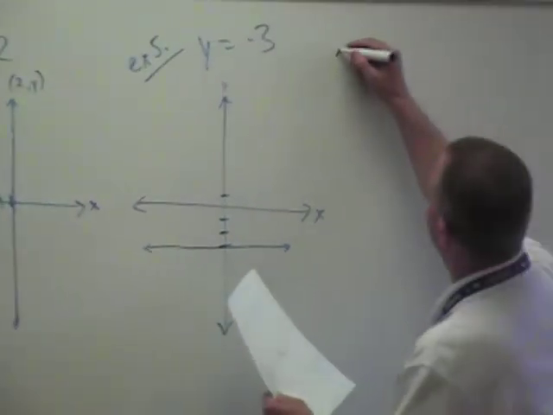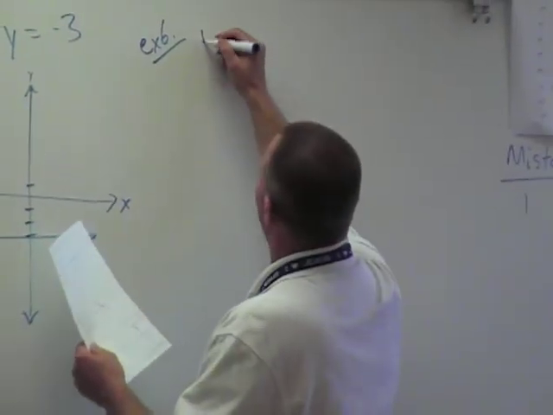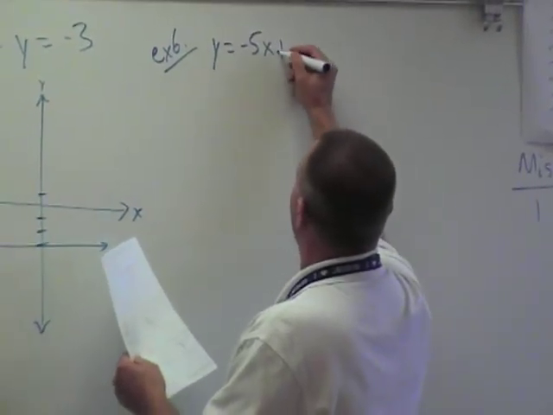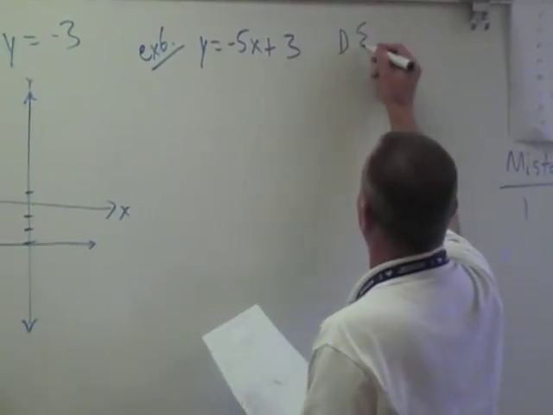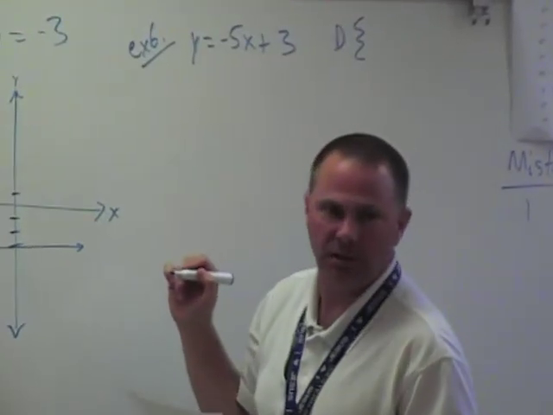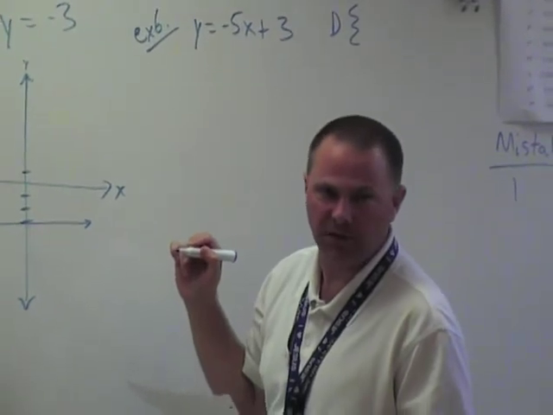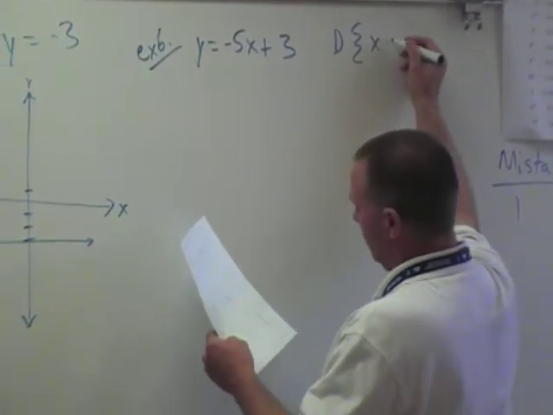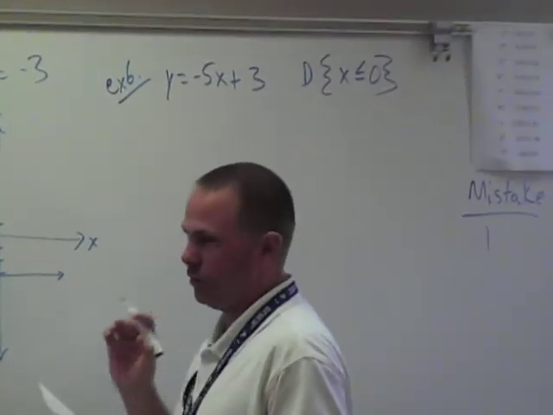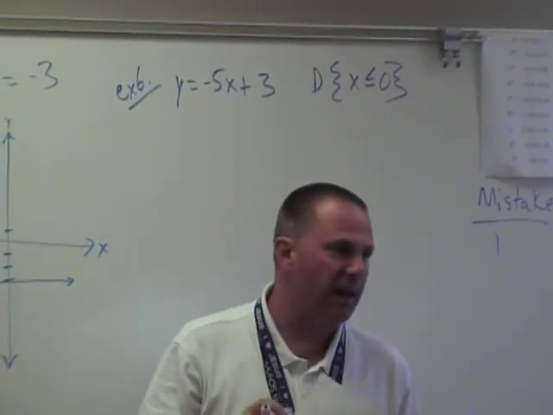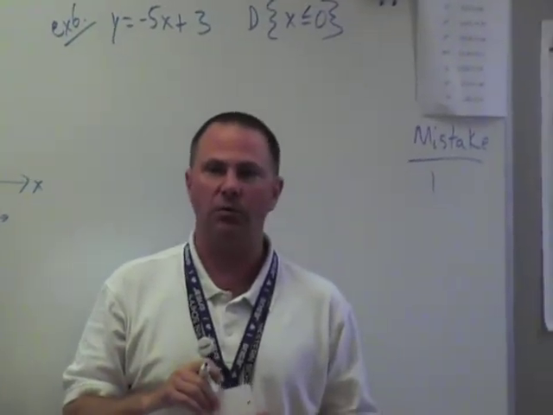And then the last one, let's see if you can do this on your own. y equals -5x plus 3. The domain, what is the domain? What does domain mean? The x values. I want the x values to be less than or equal to 0. I want the graph of only the values of x that are less than or equal to 0.